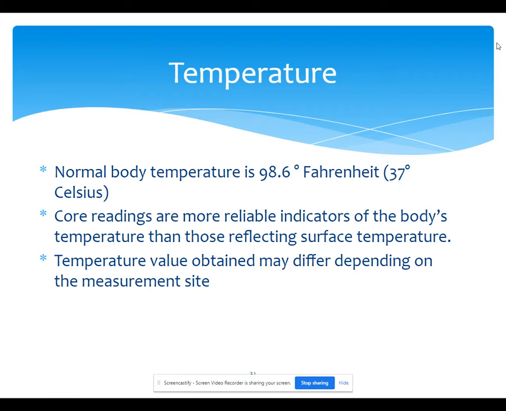If you are taking it orally, it's under the tongue, or the tympanic membrane of the ear, or now we all know the surface temperature ones for the forehead or face. The most accurate is the core temperature, obtained through the rectum. So think babies. This is also what you use when you're looking for exertional heat stroke or any type of heat stroke, because it's the most accurate and we know what's going on.